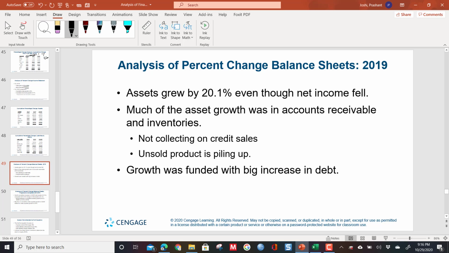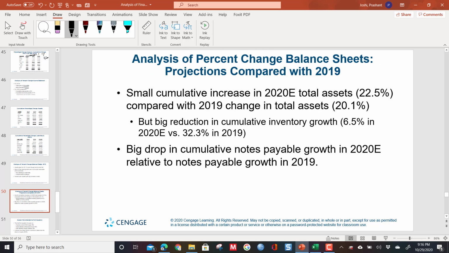And this is the analysis from the percentage change in balance sheets and other financial statements, and from the projection as well. So there is a small cumulative increase in total assets compared to 2019, at 20.1%. There is a big reduction in cumulative inventory growth, which is 6% in the 2020 estimate versus 13.3% in 2019. So likewise, you can make those comments.